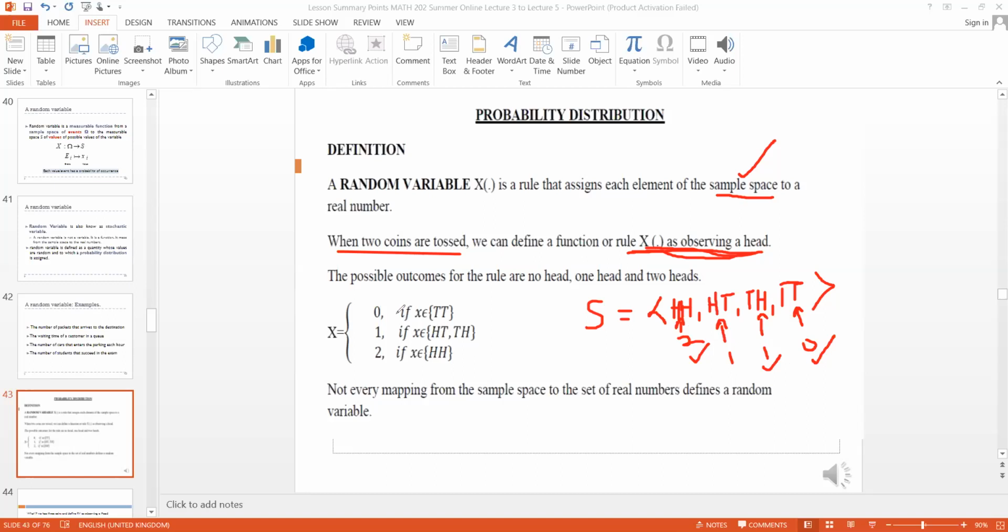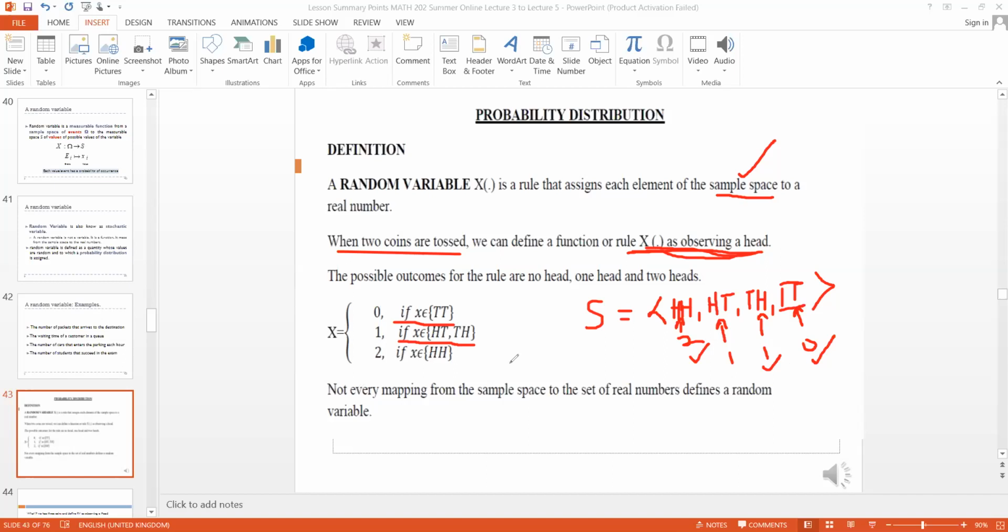Okay, good. So we write the random function as what? 0, 1, and 2. 0, where x belongs to the outcome 2 tails, that's tail, tail. And then 1 if x belongs to the outcome a head and a tail, or a tail and a head.